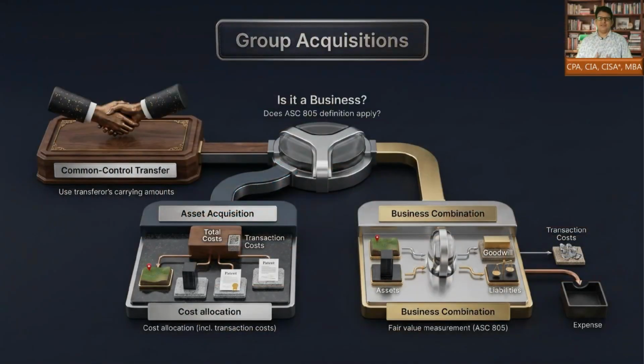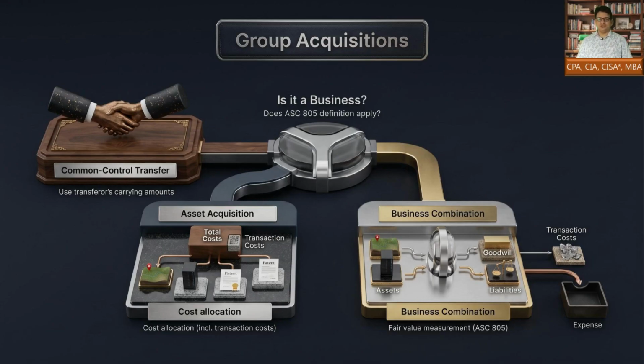When several assets are acquired together, the first question is whether the acquired set is a business under ASC 805. If it is a business combination, the acquisition accounting model applies, and acquisition related transaction costs are generally expensed as incurred. If it is not a business, the transaction is an asset acquisition.